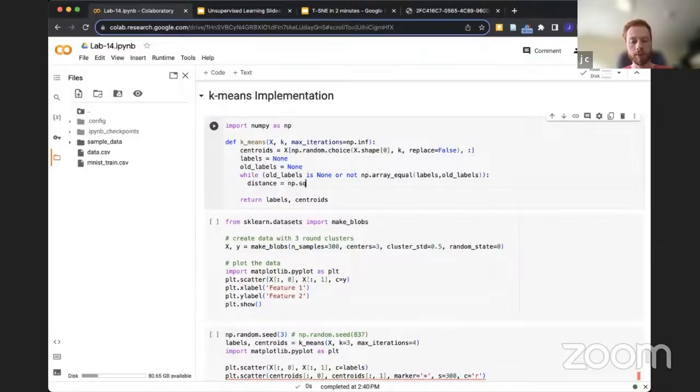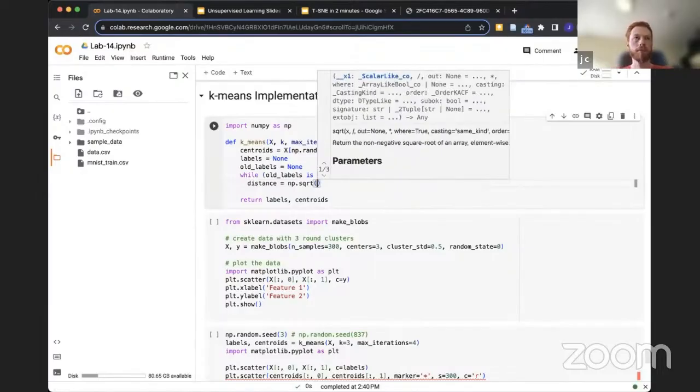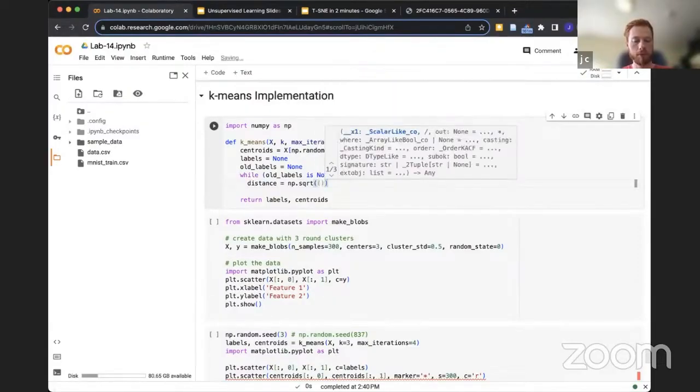This one was the square root, right? Of the square root of 2.